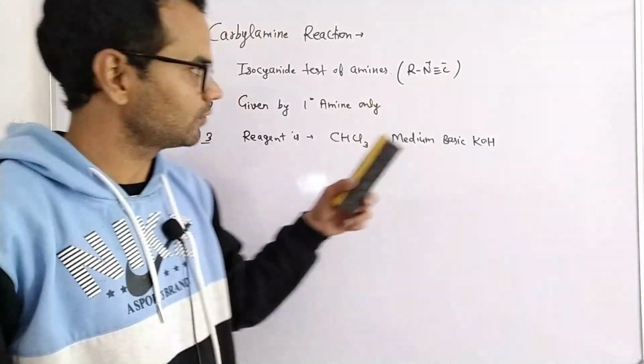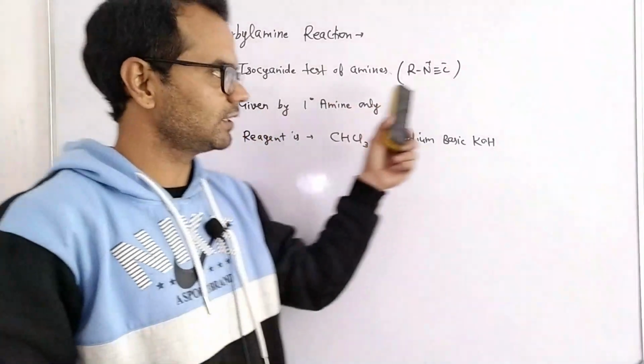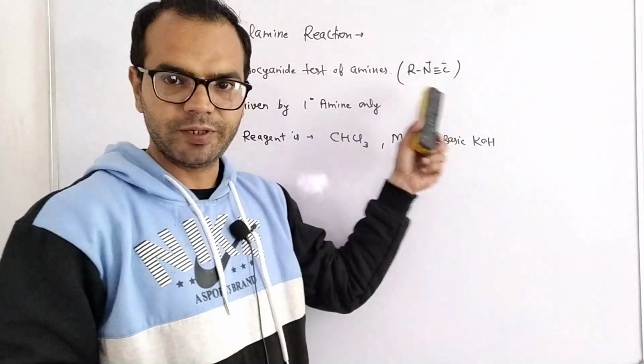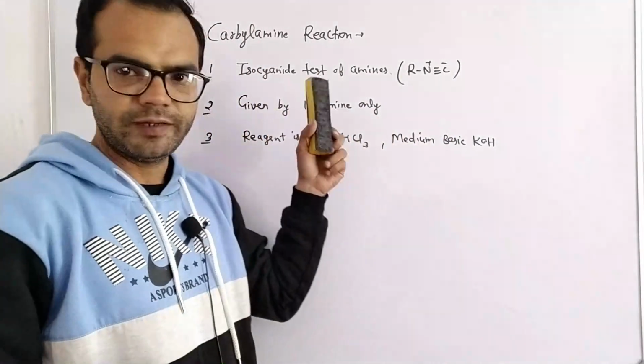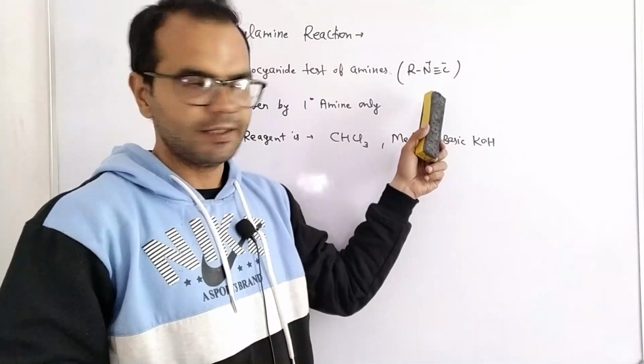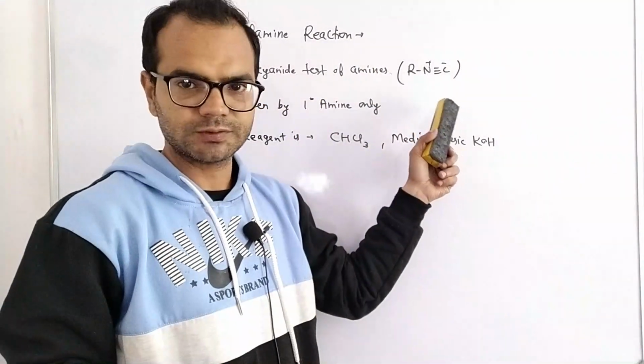So what is the general format of this reaction? This is the reaction of primary amines. Amines are converted into alkyl isocyanides or aryl isocyanides depending on the nature of the amine. If an aliphatic amine is there, then an aliphatic isocyanide is formed, and if an aryl amine is there, then an aryl isocyanide is formed.